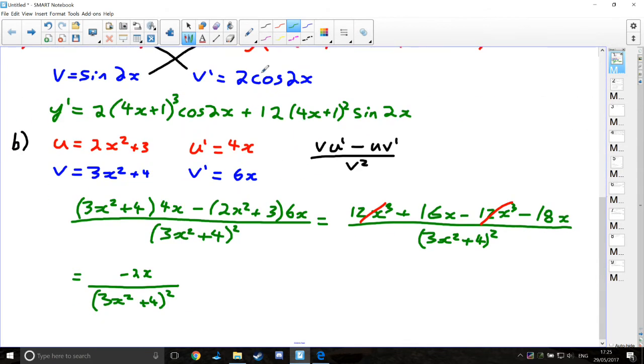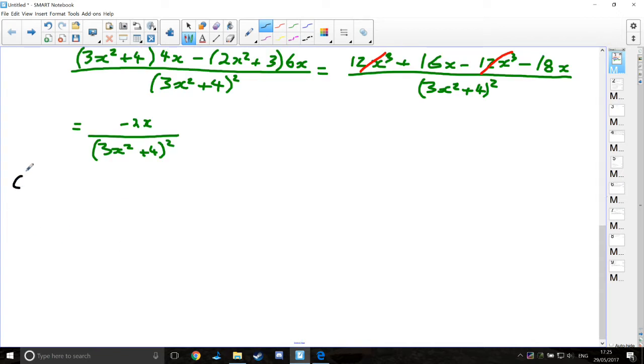So just to give a quick example of that, say you needed to differentiate ln of 3x, you instantly get 1 over whatever's in the bracket, so 1 over 3x, and then you multiply by the derivative of what's in the bracket, so standard chain rule, and that ends up being 1 over x.